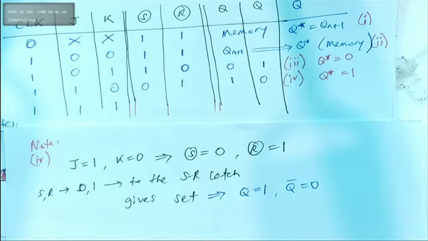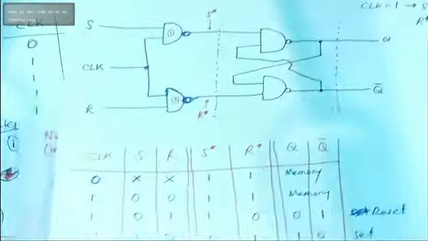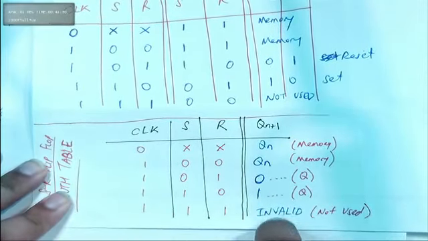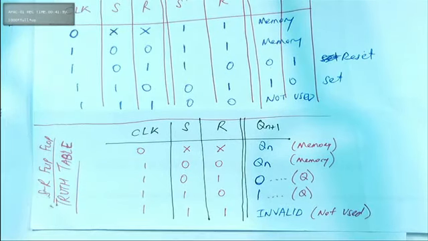All right? That's a major flaw in our design, if you could say. If you look at our SR flip-flop, we have a situation where it's invalid, not used. Now, the whole purpose of the JK flip-flop is to fix that invalid. That's what JK does.